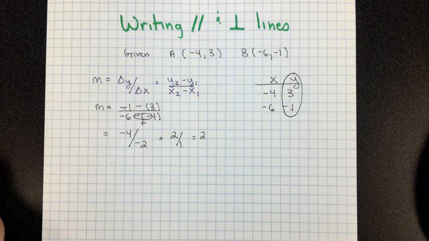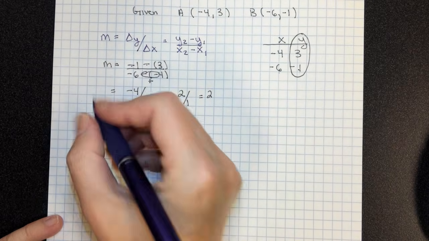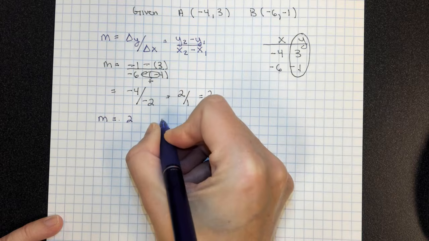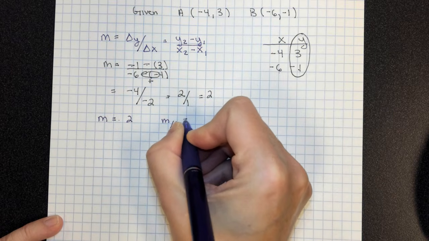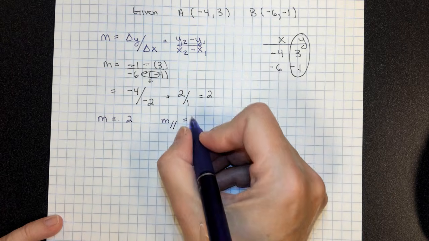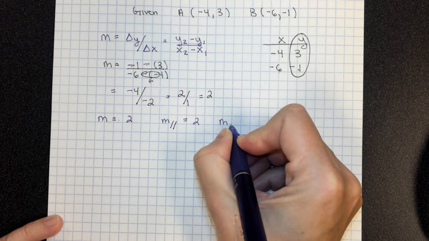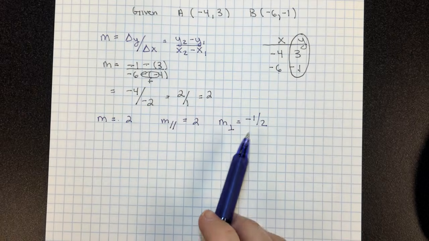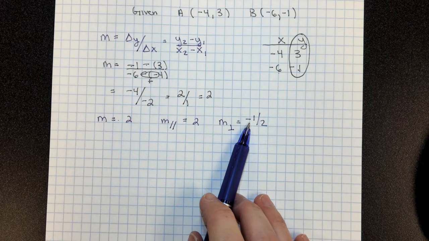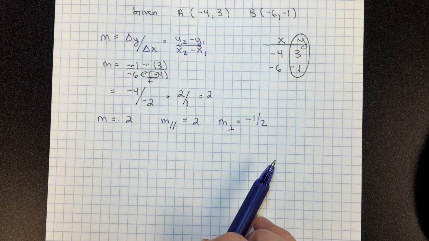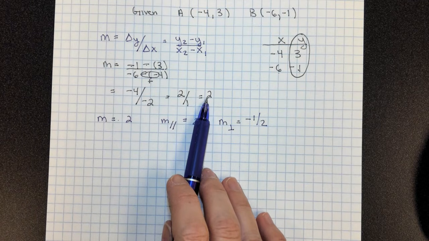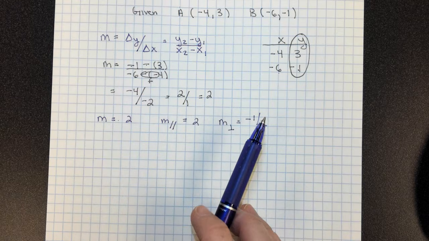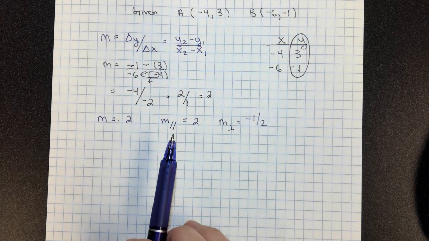So what I always have students do to keep track of what they're doing is write me the slope, which is 2, the parallel slope, is 2, and the perpendicular slope is -1 over 2. Remember that when you take a perpendicular, you take its negative reciprocal, meaning flip the number over and give it a negative sign. So a positive becomes a negative, and a negative becomes a positive.